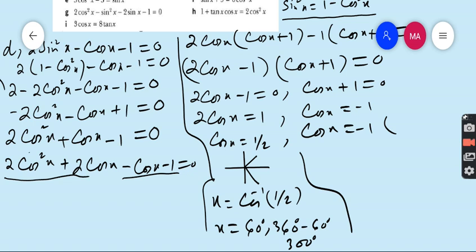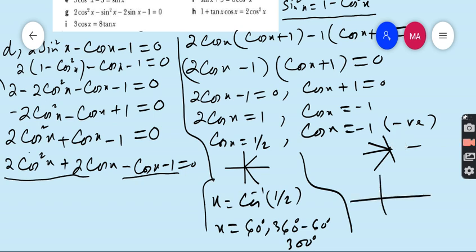And now come to cos x is equal to minus 1. This is negative, and cos is negative in the second and third quadrants. But student, this is minus 1.